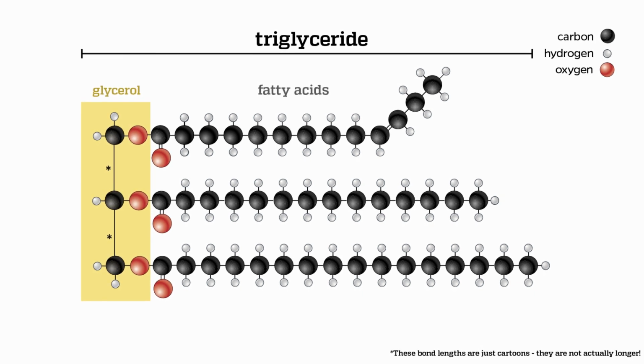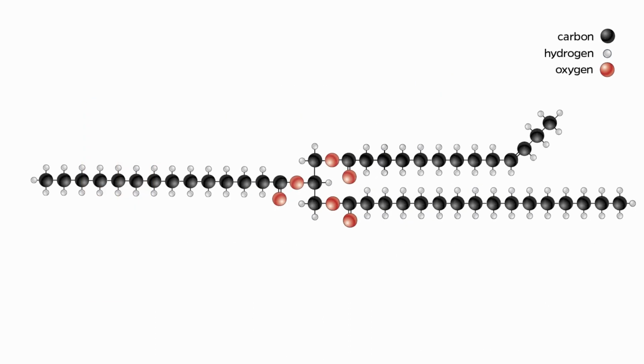In most books, you'll see triglycerides drawn like what I've made here, where the molecule kind of looks like a capital letter E. But in reality, many triglycerides actually look like this, where the middle fatty acid is pointed in the opposite direction. This makes the molecule a little less crowded, and we'll discuss this structure more in future videos about chocolate. You can have triglycerides containing saturated fatty acids, unsaturated fatty acids, or a combination of the two.